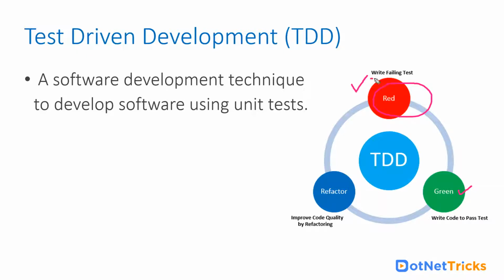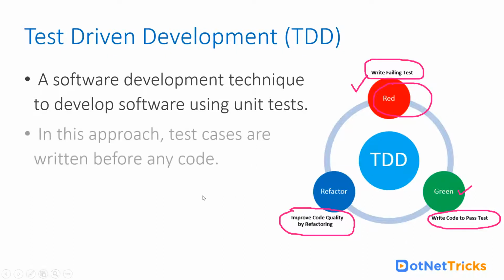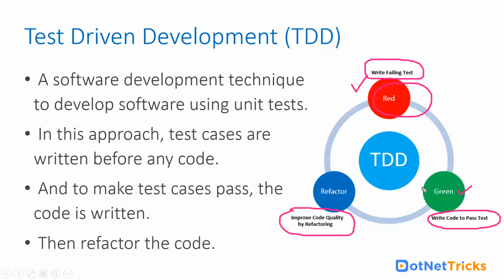So first we start by writing a failing unit test case. Then we write sufficient code to make the test pass. And when the test passes, we refactor it into different layers. If you are following this style for building software, it means you are following test driven development. Commonly what happens, we first write the code. Actually, we start from here commonly. Then we make it green.